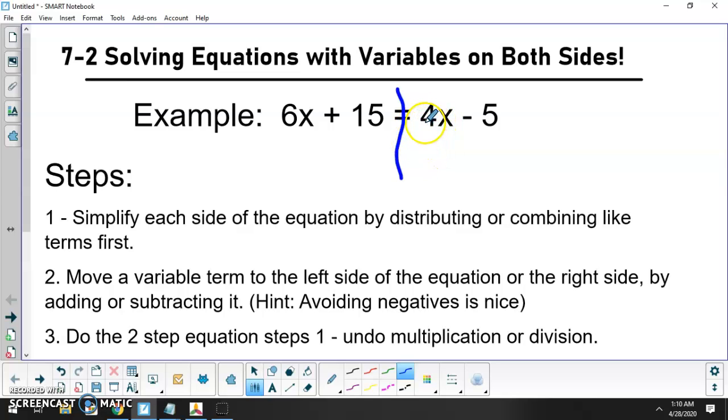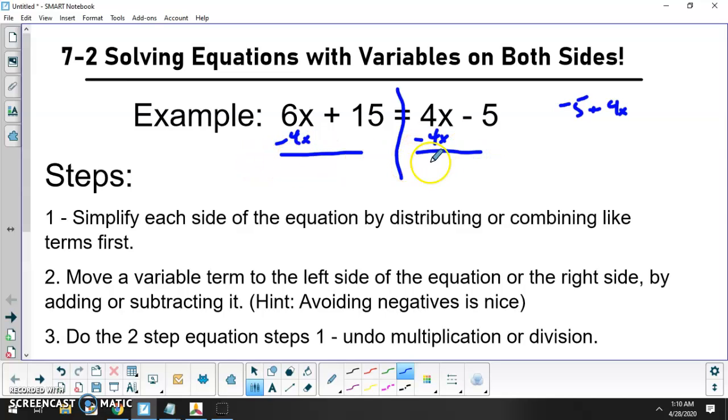You're moving the whole term, and it's connected by addition, because you could rewrite this whole side as negative 5 plus 4x. So you're trying to really get rid of the plus 4x. In order to get rid of the positive 4x, you need to subtract 4x from both sides first. That's your very first step.